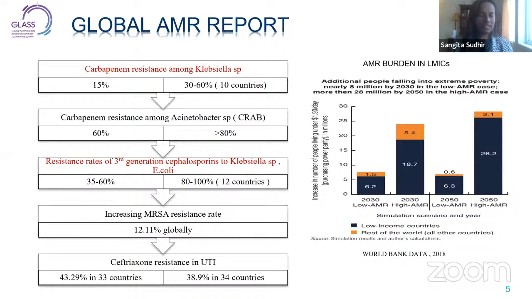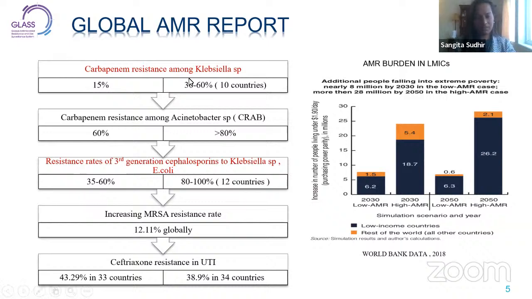So why we have selected GNB, it's mainly because, as you all know, as per the recent reports, the antimicrobial resistance rates are having a huge burden. It's made basically because of these Enterobacteriaceae.